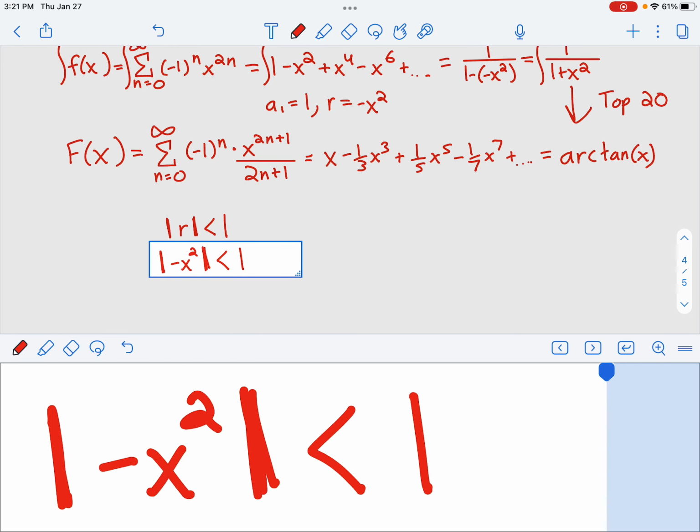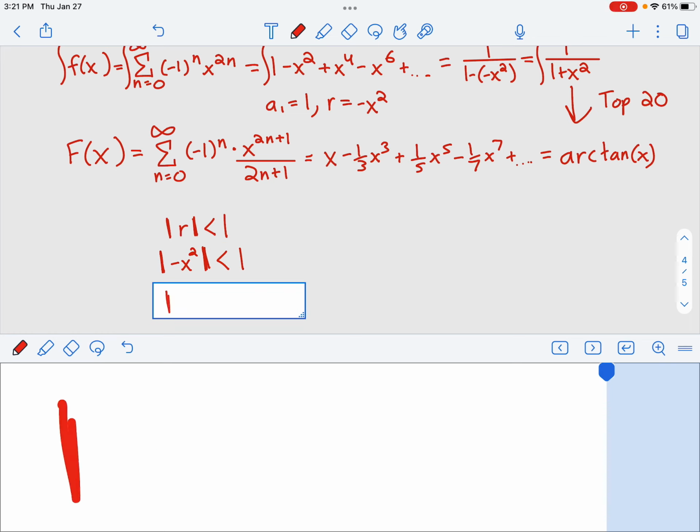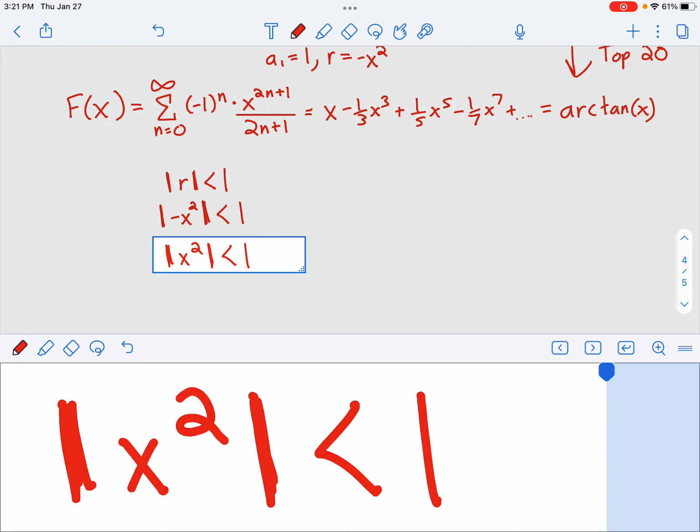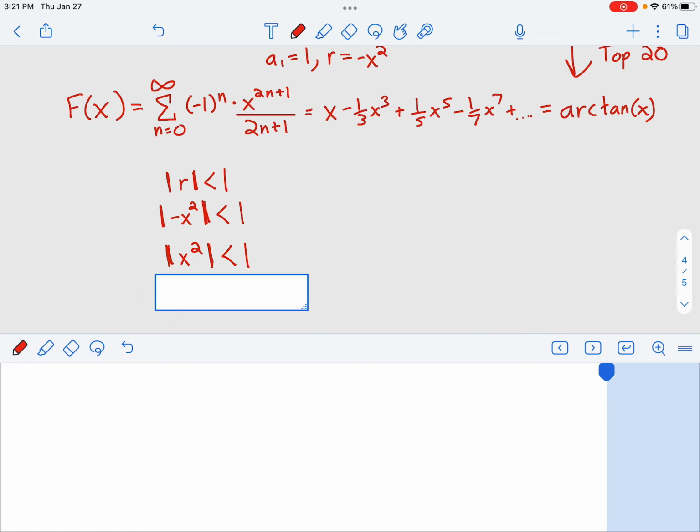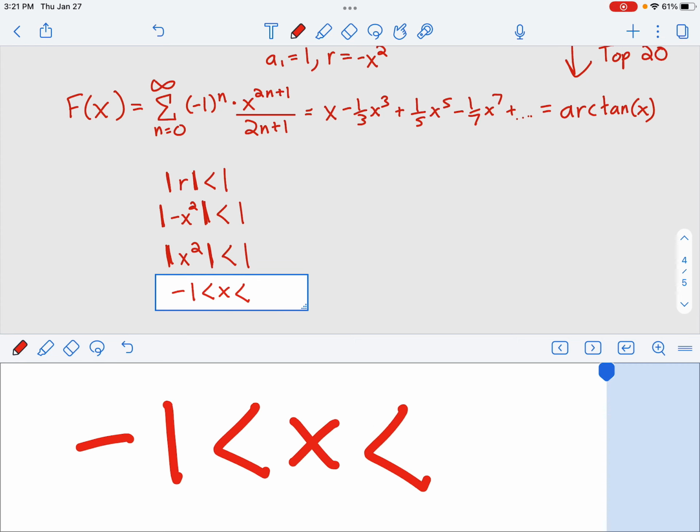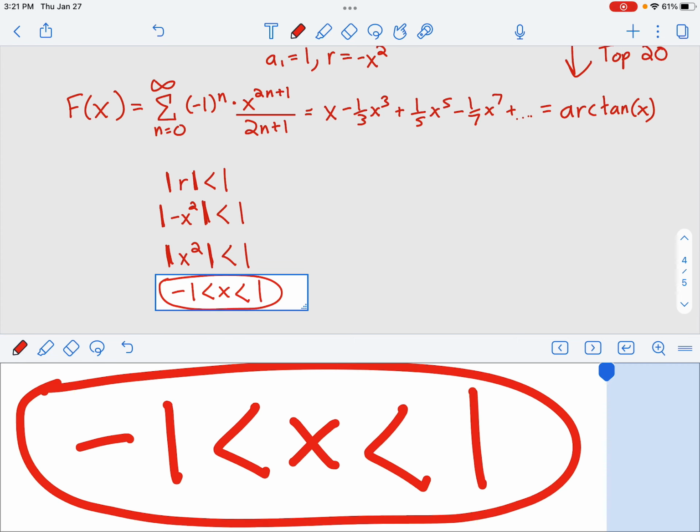But here's some good news: the absolute value of -x squared is the same as the absolute value of x squared, because the whole point of the absolute value is to get rid of that negative. So x squared has to be less than 1, and if we take the square root here, we actually still end up with -1 to 1. That is the interval of convergence.